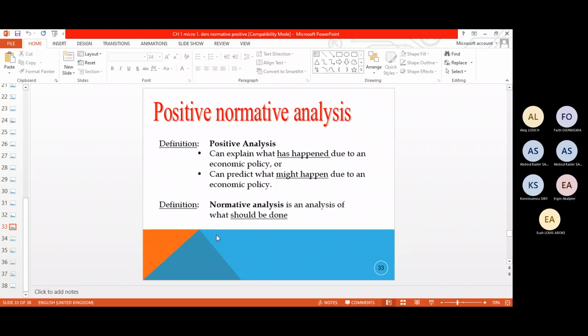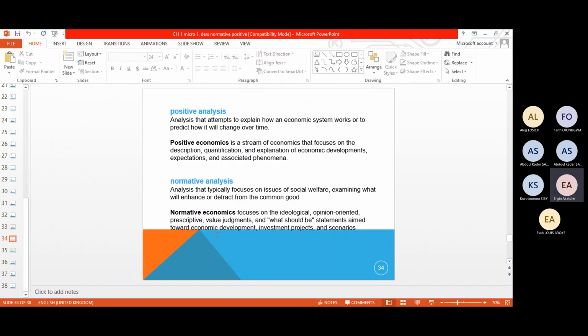The positive analysis attempts to explain how an economic system works or to predict how it will change over time. And positive economics is a stream of economics that focuses on the description, quantification, and explanation of economic developments, expectations, and associated phenomena.